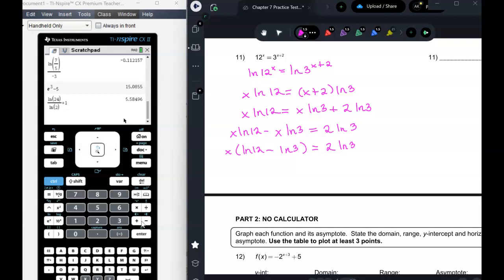Now we just divide by this whole thing. So we have 2 natural log of 3 over natural log of 12 minus natural log of 3.